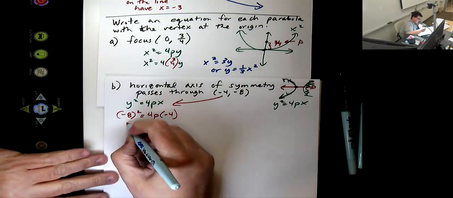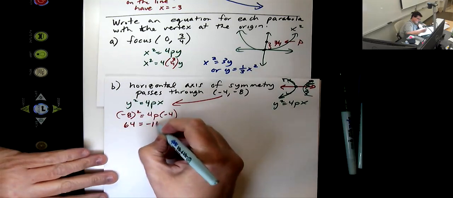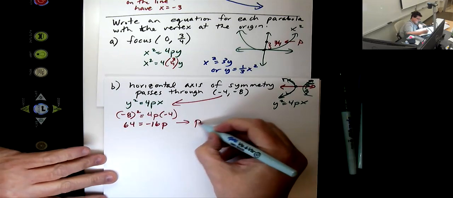So -x squared is 64. This is -16. So p equals -4.